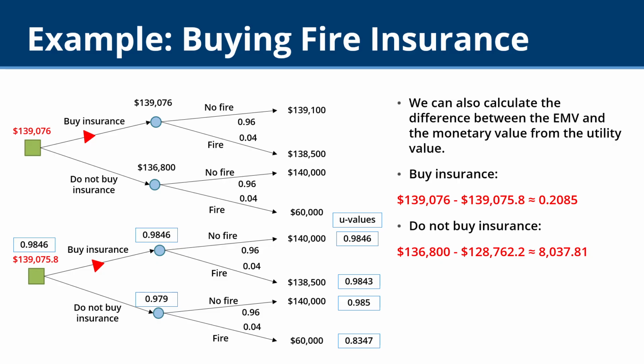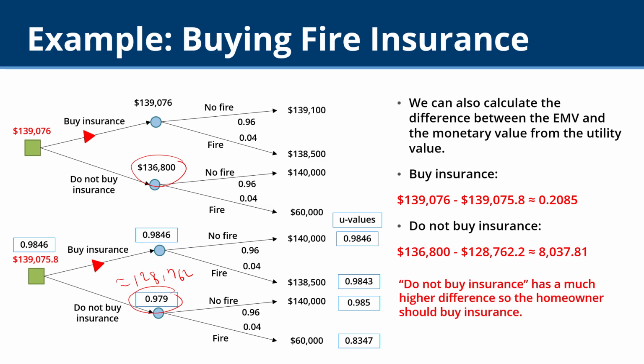You're comparing $136,800 with this 0.979 converted to a monetary value, which in the previous slide is roughly $128,762. Comparing those two branches, the difference is basically over $8,000. So do not buy insurance has a much higher difference. In this case, the homeowner should buy insurance.